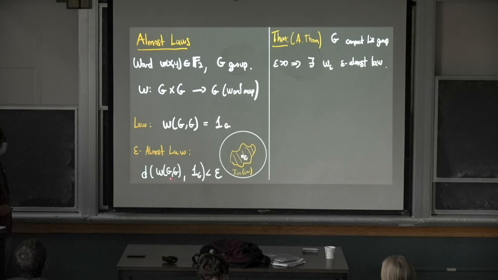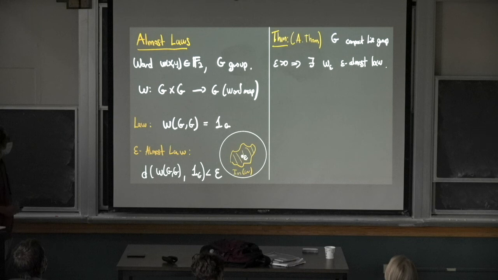Which groups can satisfy an almost law? I'm talking about compact Lie groups. Andreas Thom, in 2012 or 13, proved that for every epsilon there exists an almost law that takes the whole group into a neighborhood of the identity.